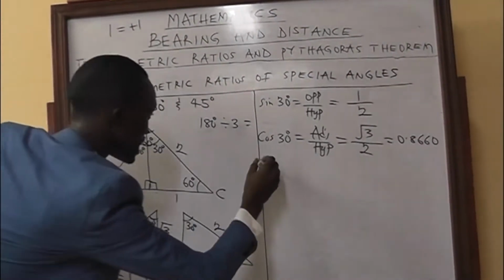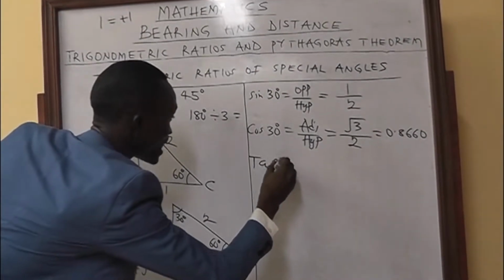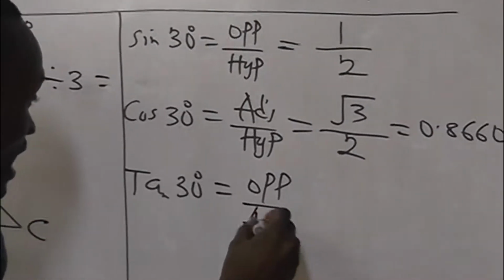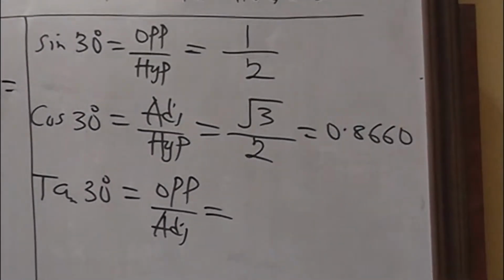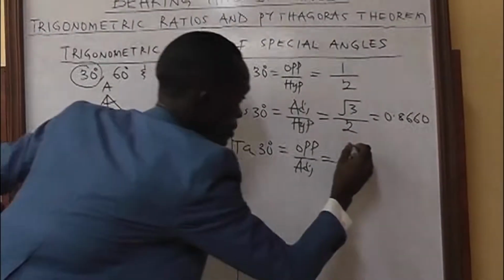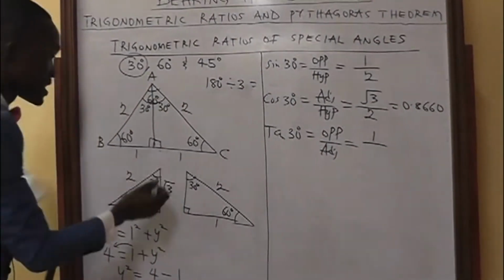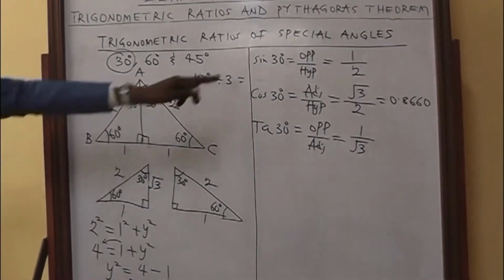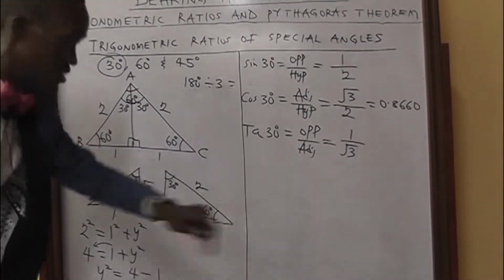So from there, the last one we have is tan 30 degree. That is opposite over adjacent. If you look at 30 degree, our opposite side is 1, then our adjacent side is root 3. So these are the special angles for 30 degree.